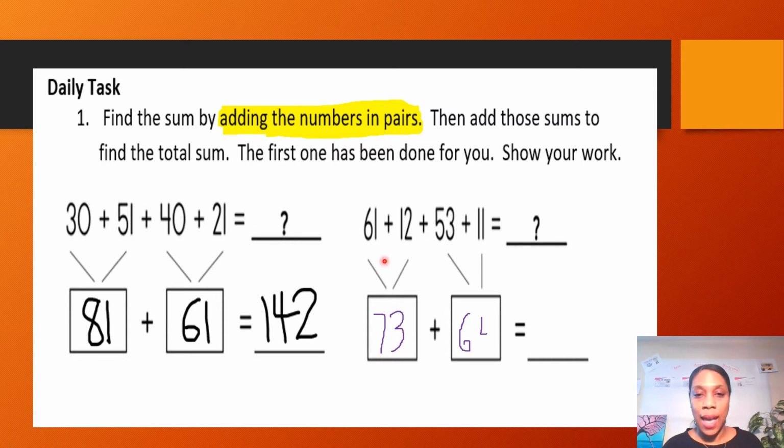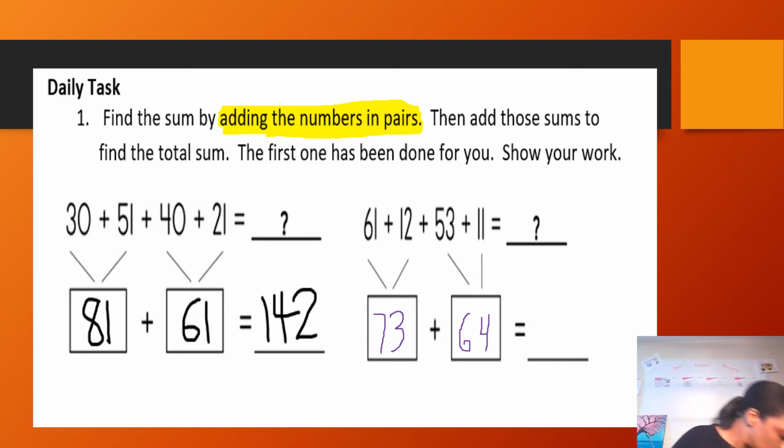So first, I had to add the pair of numbers. 61 plus 12 gives me a sum of 73. Next, I add the next pair of numbers. 53 plus 11 gives me a sum of 64. Okay, now I'm going to move to the next step. I want you to add these two numbers together.